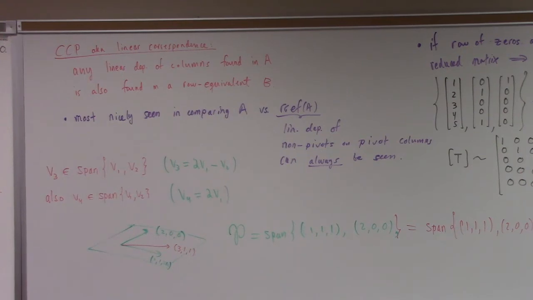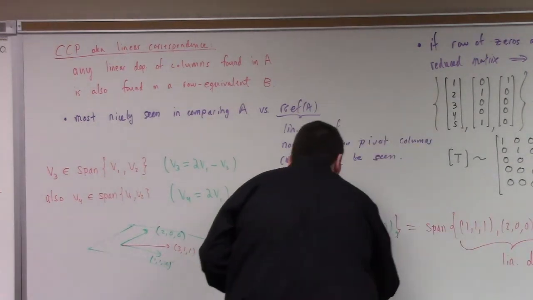I mean, adjoining this vector 3, 1, 1 doesn't add anything new. In fact, that's already present. This set right here is linearly dependent. This set right here is linearly independent.